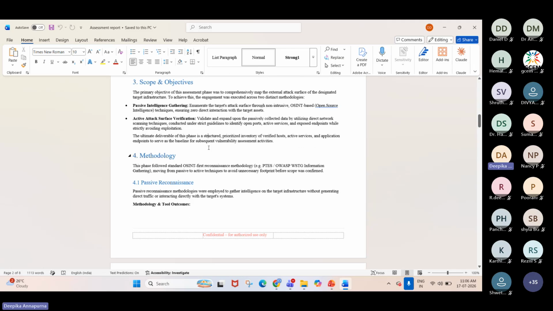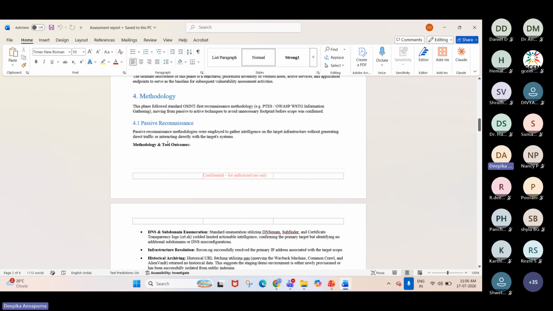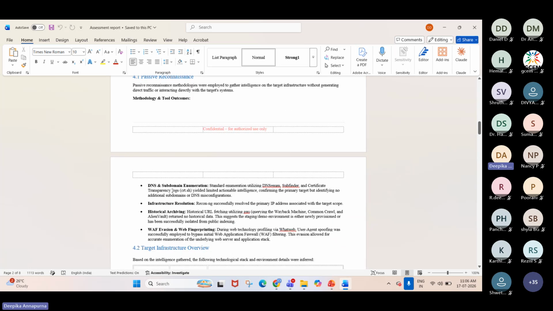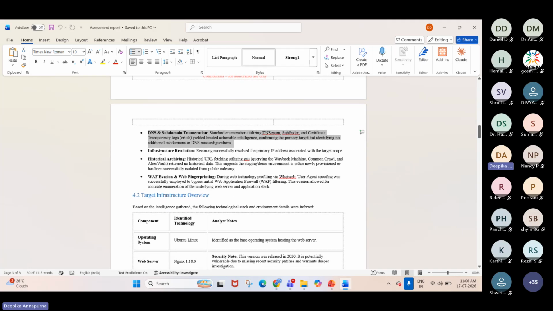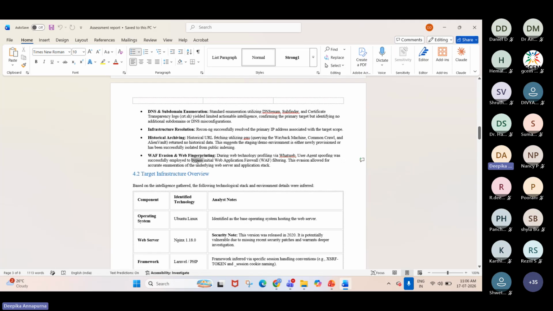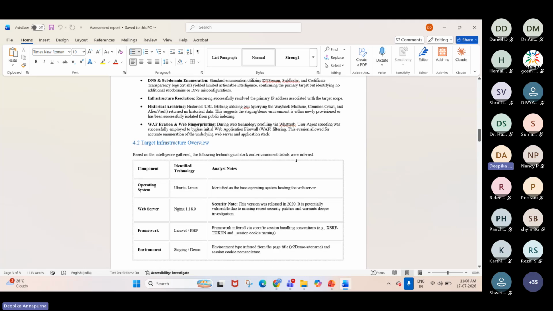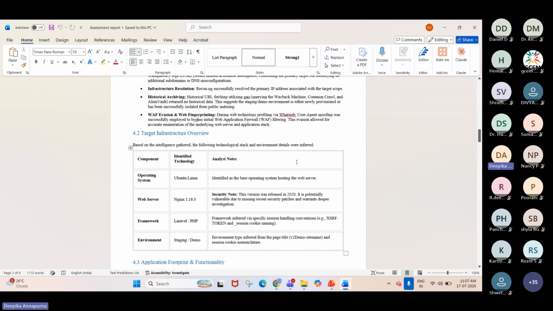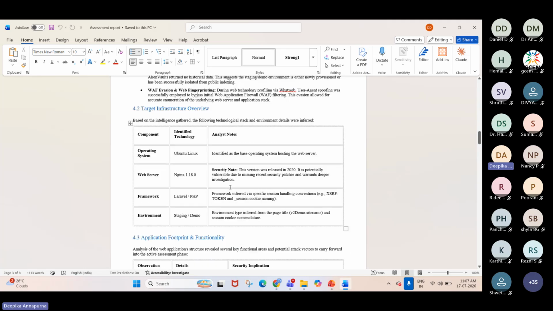The next step is methodology. Passive reconnaissance: you can see the DNS and subdomain enumeration. They're gathering information from the DNS, the subdomains, and infrastructure resolution. We have web fingerprinting here, and web application firewall fingerprinting also. The next one is the target infrastructure.